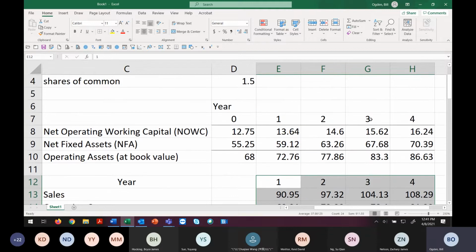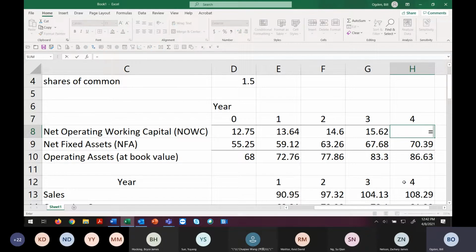Okay, we are assuming that growth in year 4 is 4%. So what I'd like to do is make sure that the working capital to sales ratio, or the revenues ratio, stays constant, and so therefore working capital should grow at 4% between years 3 and year 4.